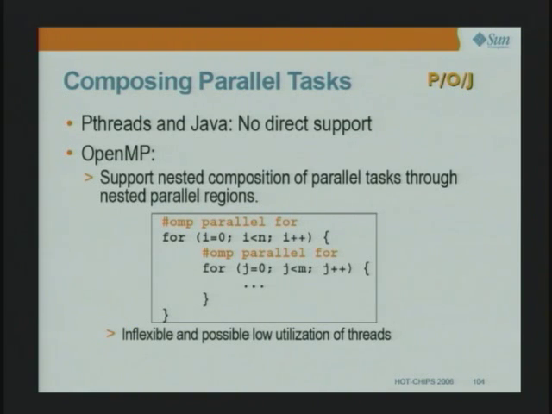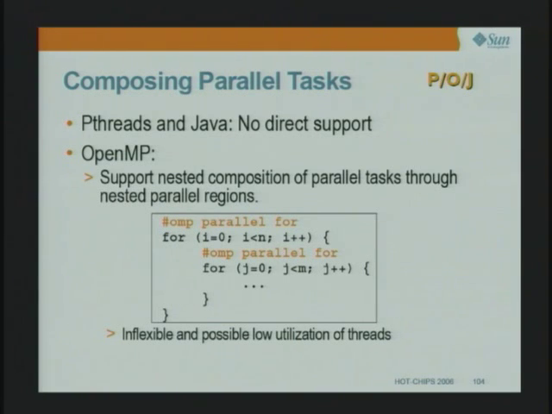So is there any help from the language? For Python and Java, there's no direct help, but you can do smart things. For OpenMP, it's specified in the language. You can support nested composition of parallel tasks using nested parallel regions. For example, here you have two for loops, and each one can be executed in parallel.